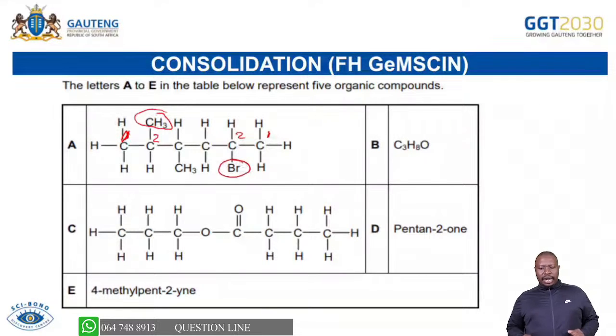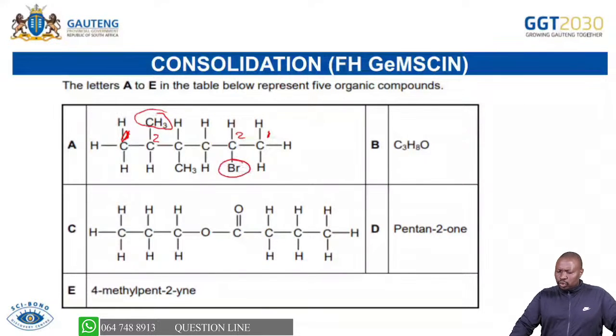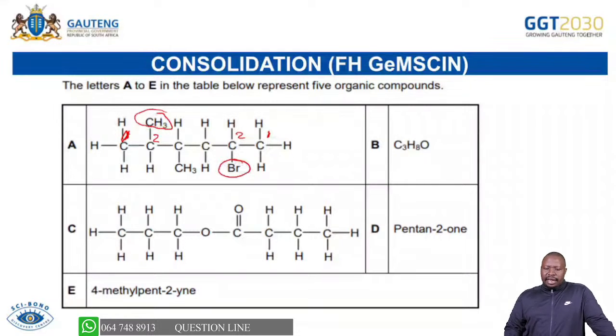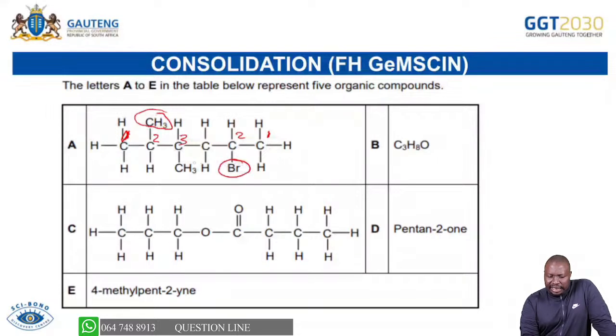Please understand this one before you go and write your paper 2. Bromo and methyl have the same preference, in terms of the halogens and the side chains, methyl and ethyl.